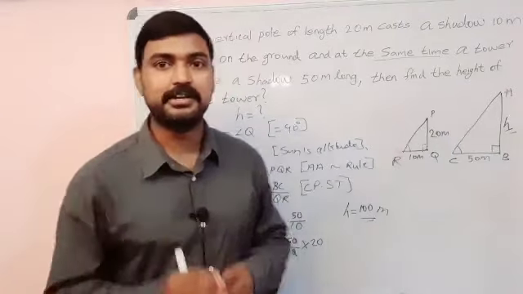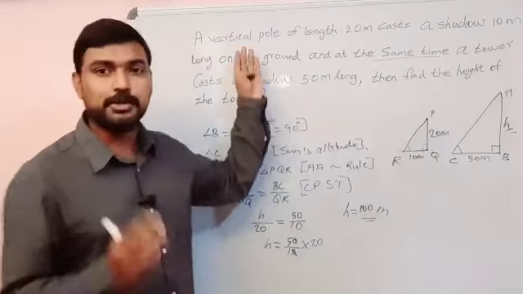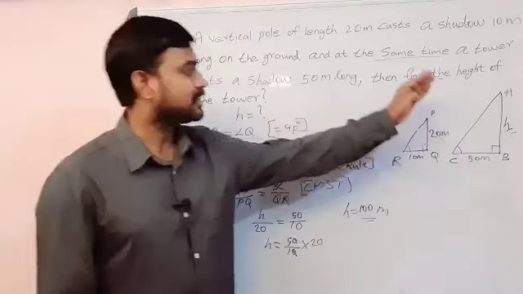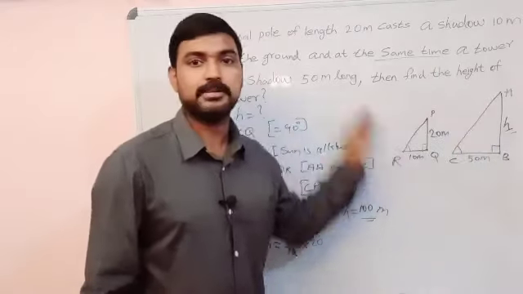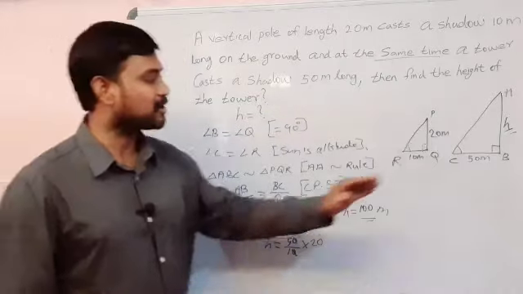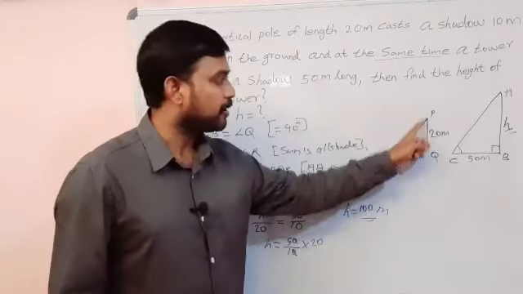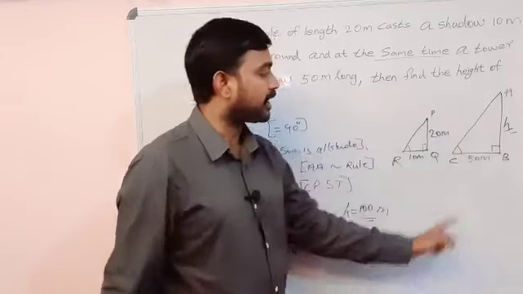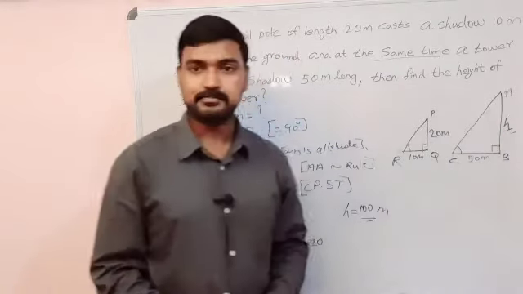So once again we can recap. Based on the question, you convert the word meaning into pictorial meaning, so we can create the picture based on this question. Now we got QR is equal to 10, PQ is equal to 20, AB is the height of the tower which we are required to find, and BC is 50.